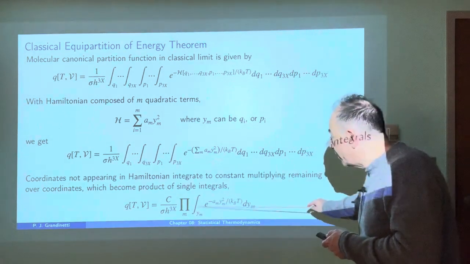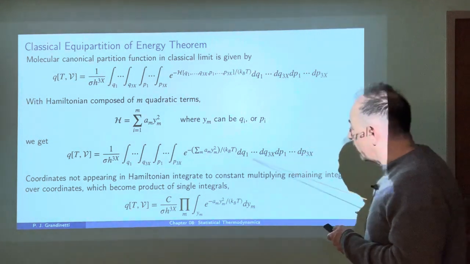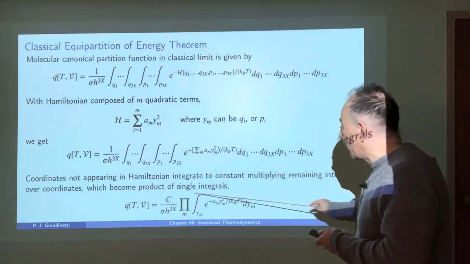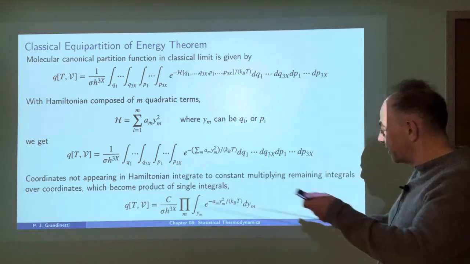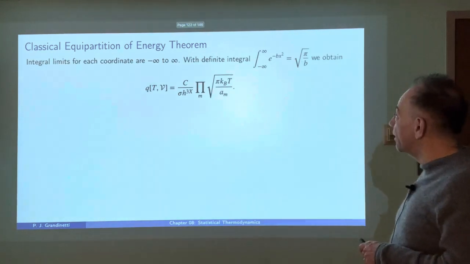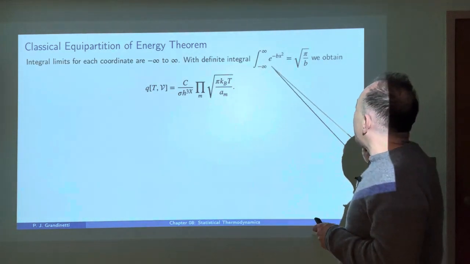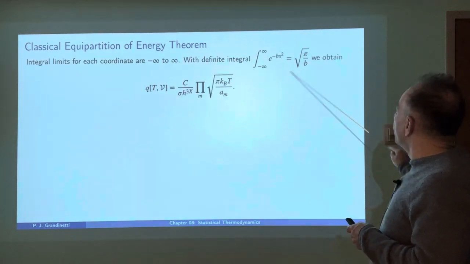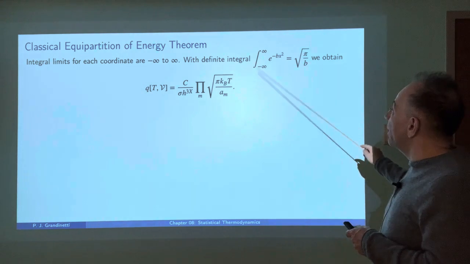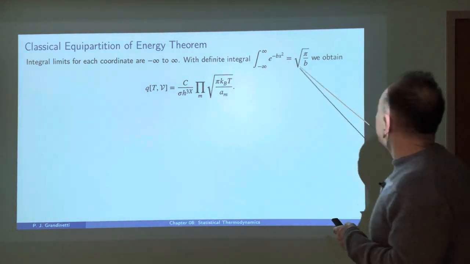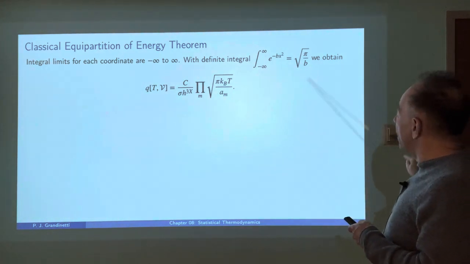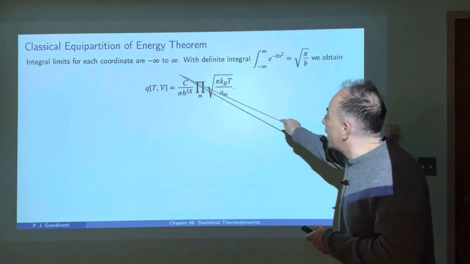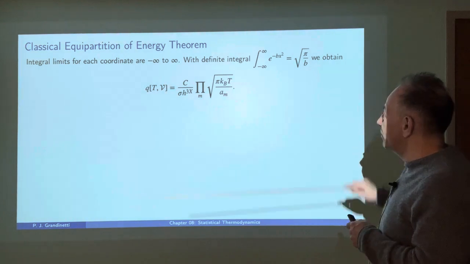So we're left with this integral to do, and all the other ones which didn't have a dependence in the Hamiltonian integrated out to a constant, which is not necessary for what we're going to show here. So then if we go to that integral here, generically we know that that integral works out from minus infinity to infinity. Since we'll take the limits from minus infinity to infinity, then we can substitute for that integral this result, which comes out to be this result here.